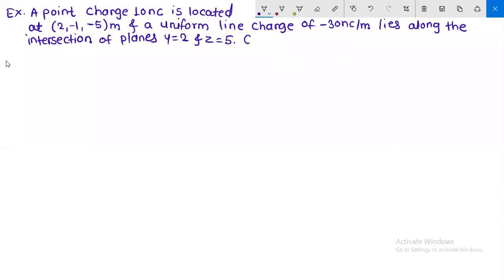Calculate D bar at (4, 0, 2). Okay, so solution.